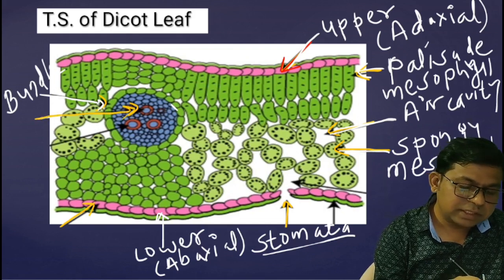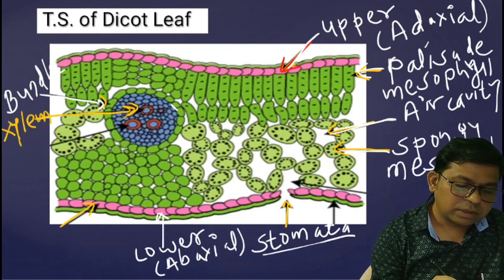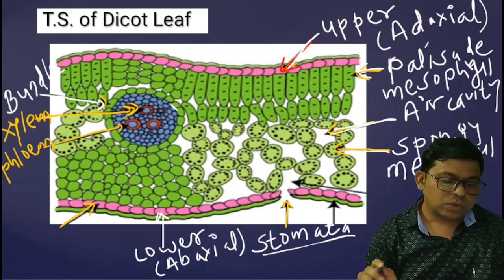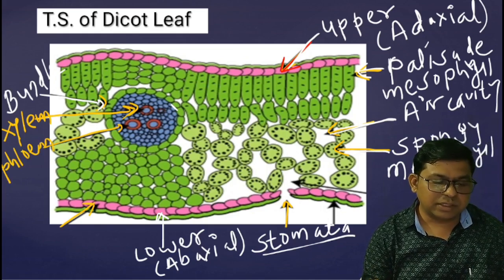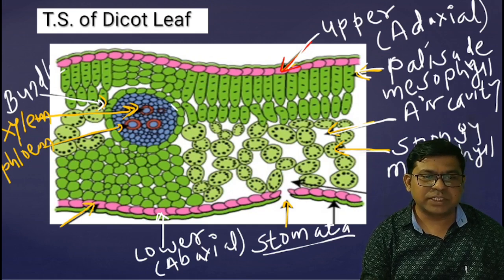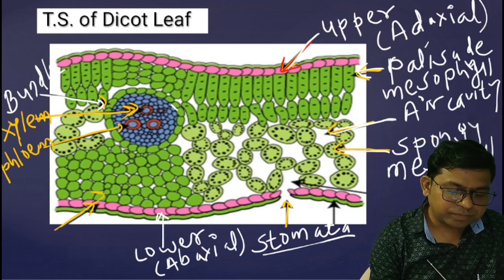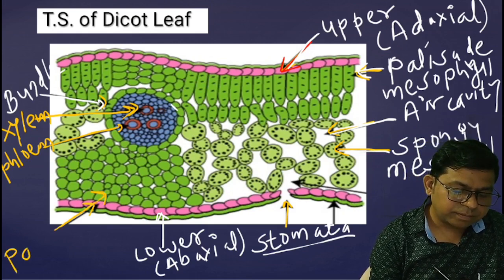This one is the xylem element and this one is the phloem element. Xylem carries the water and minerals while phloem carries the food material, and these are parenchyma cells.